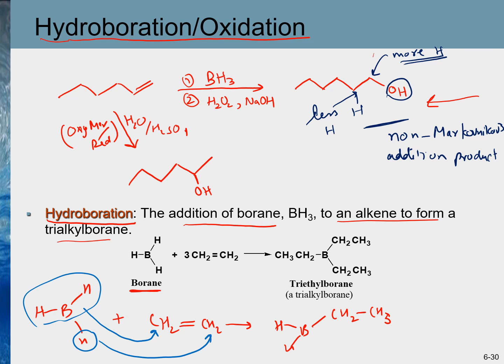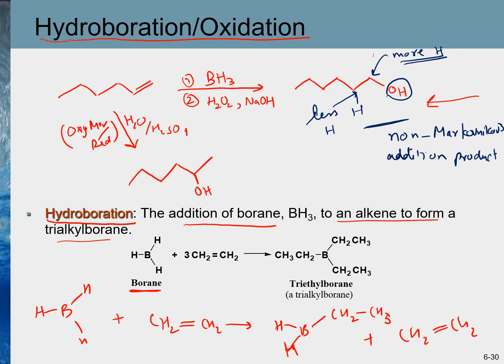It's not the mechanism, I'm just pointing out what's happening. So it's an addition of borane to alkene, and the same step is repeated 2 more times, because borane has 2 more B-H bonds, and eventually when 3 alkene molecules are added, we get a trialkyl borane product.